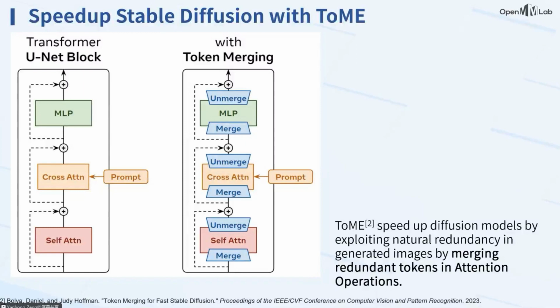As shown in this figure, the left part is the classical transformer block, and the right one is the block with token merging. So in every attention operation, we first merge similar tokens before the attention operation, and then we unmerge them after the operation, so that we can save much computation cost during the attention operation.